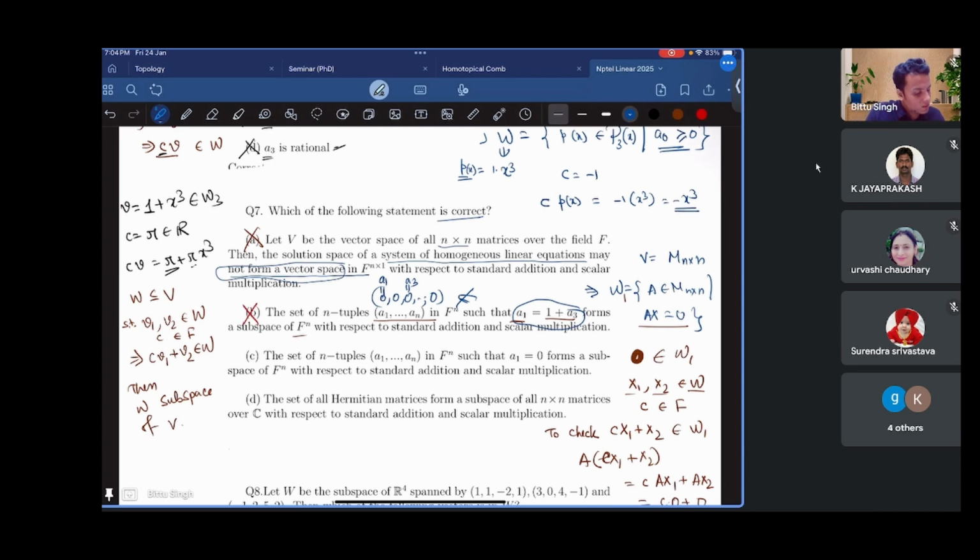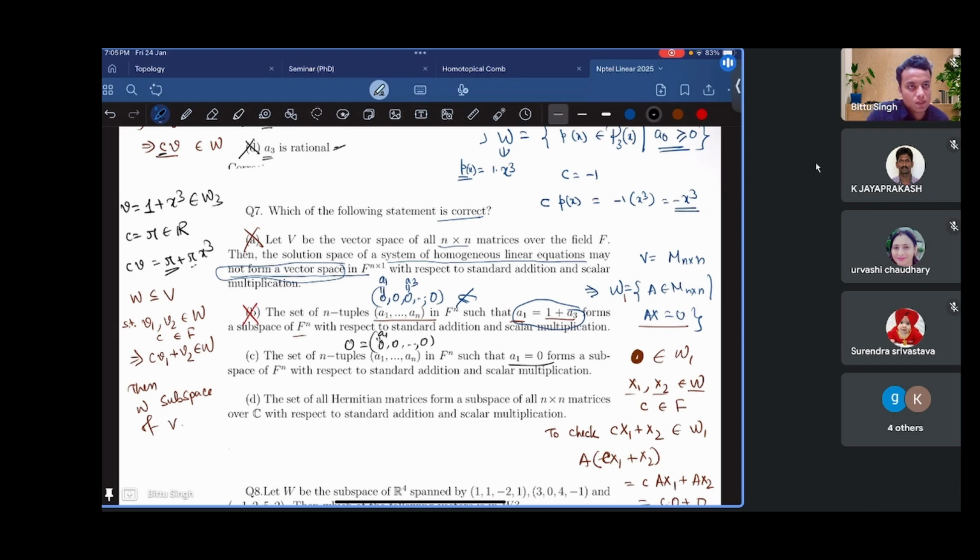So let us check conditions C and D. Here you can see that 0 is already in the set of n-tuples, because 0 satisfies the condition a1 equal to 0. For the zero vector, a1 is 0.